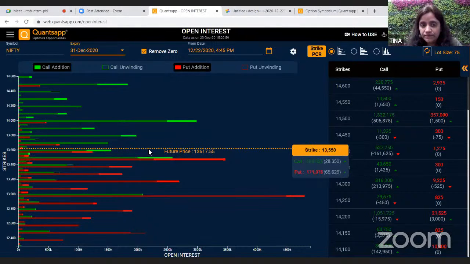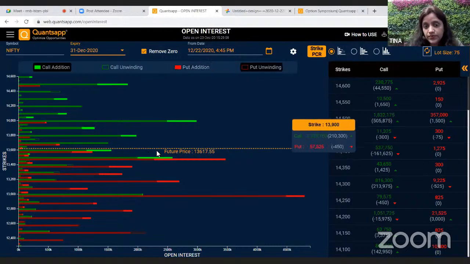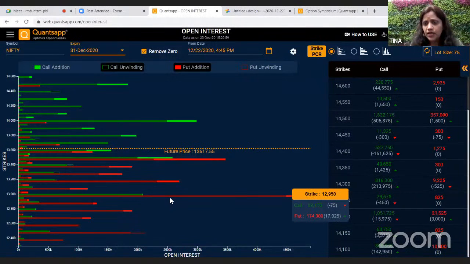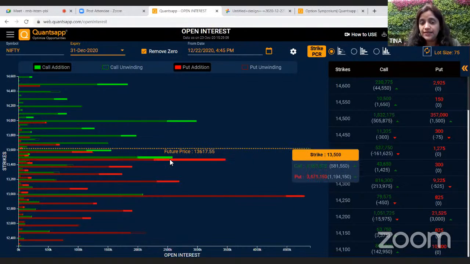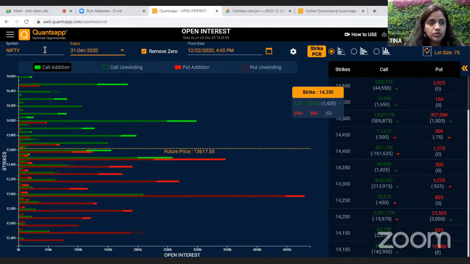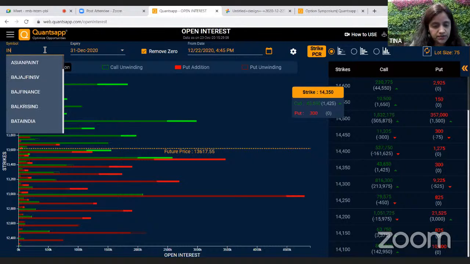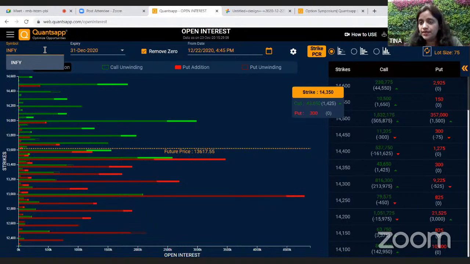Basically, this is how we need to read the data. 13,000 is a distance away. That's a concrete support presently. If you start seeing unwinding and shedding taking place there, then we can see that the panic is again coming up.